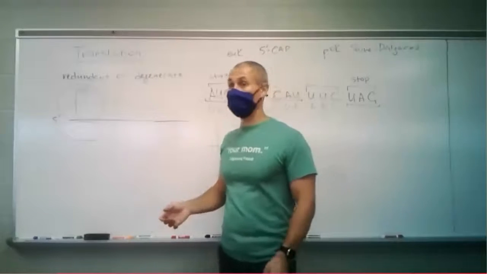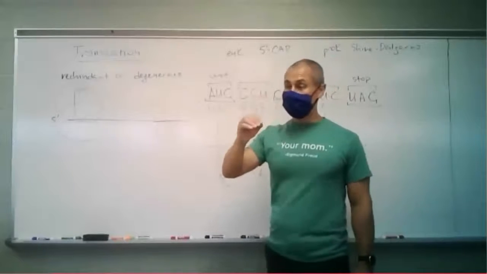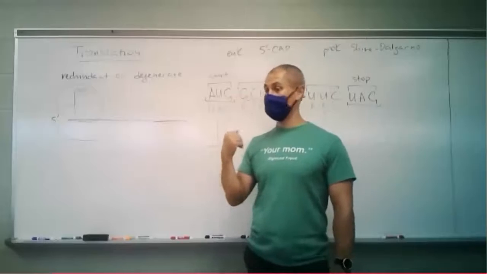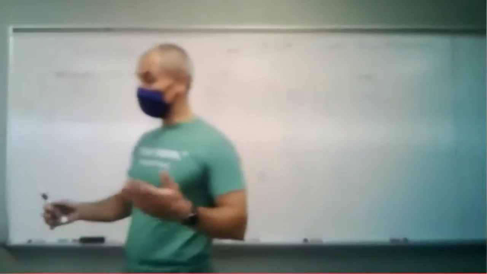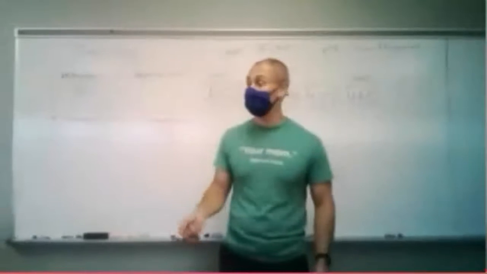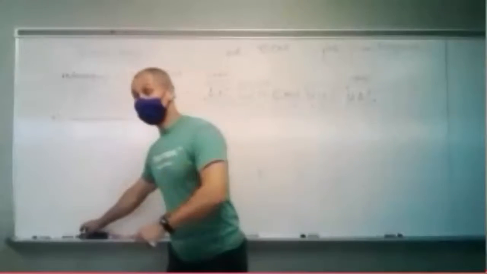Which is super important, because if we can specifically inhibit bacterial ribosomes without affecting human ribosomes, that's great news, right? That's fantastic because we can create drugs, and we're going to talk about it immediately. So far, we good?